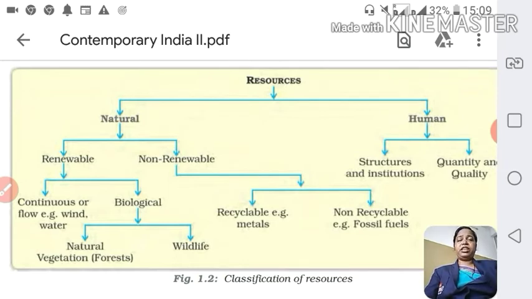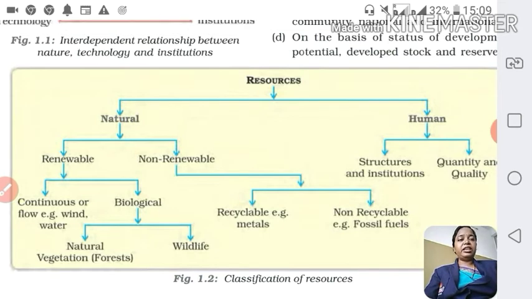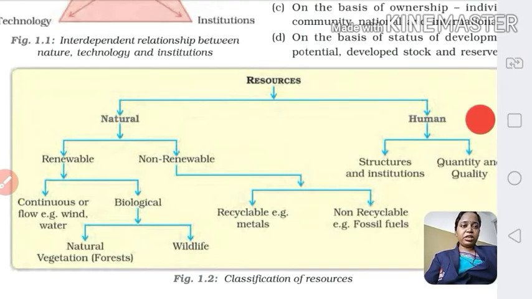Recyclable means which we can recycle again, like some metals, and non-recyclable means which we can't recycle again. Those are fossil fuels. Okay, and the human resources are also subdivided into two parts: structures and institutions, quantity and quality.